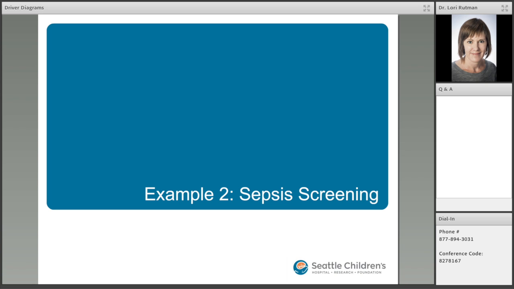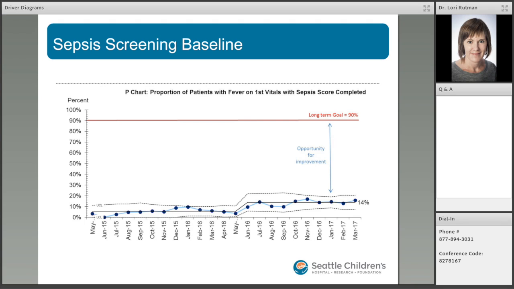So we looked at our data to say, how are we doing with this? This here is a statistical process control chart, or SPC chart, that shows the proportion of patients who were febrile when they presented to the emergency department who were screened for sepsis at baseline, just when our improvement work was starting.